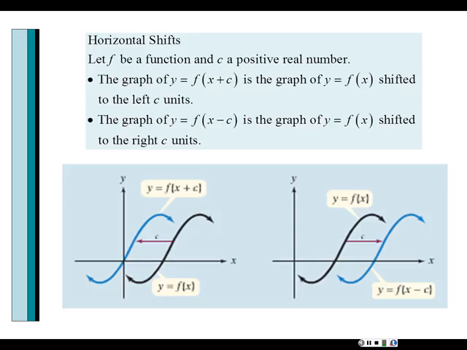So here we are adding c units, for example. Your original graph was the black one, and it moved horizontally to the left by that many units. If c is 5, you will move your graph 5 units to your left. And the same is true for subtraction. If you do the subtraction, the graph will move to the right.